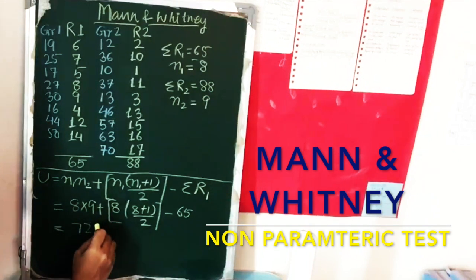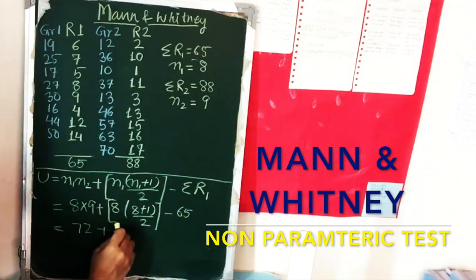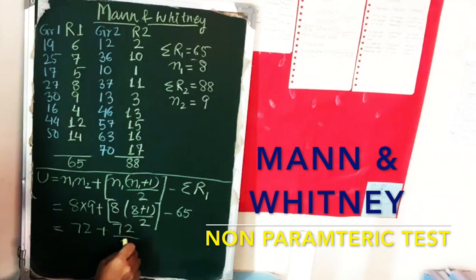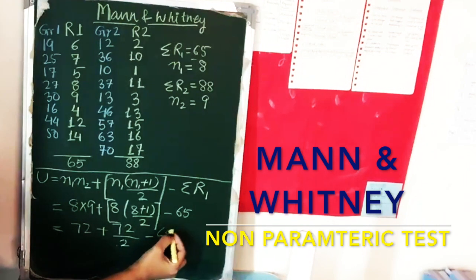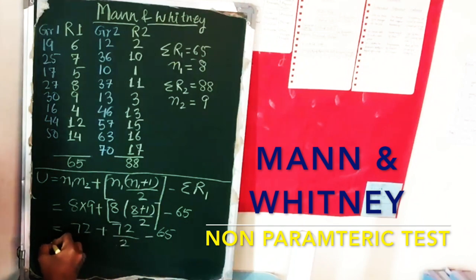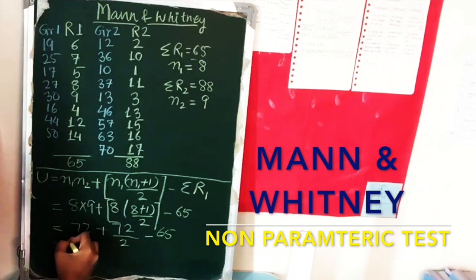So after the calculation we'll get these results. So you can pause the video, use your calculator and do the calculation on your own so that you can understand how it's going.